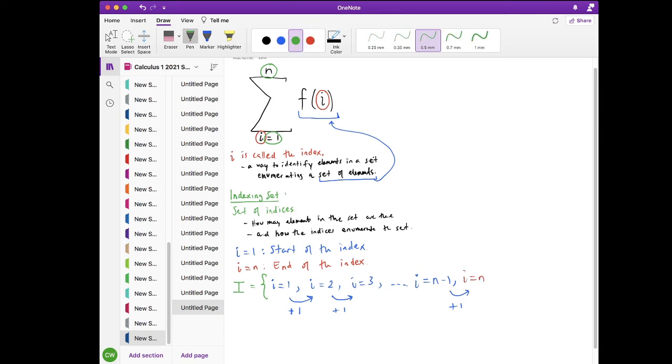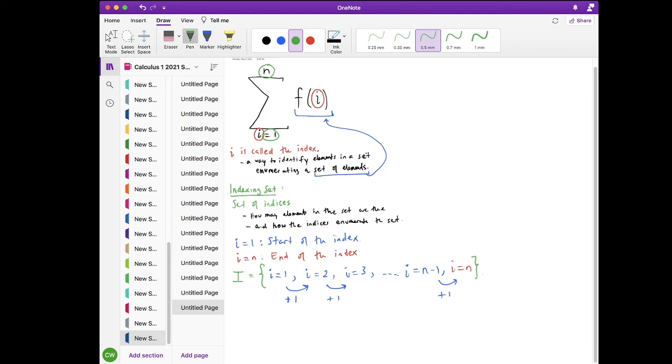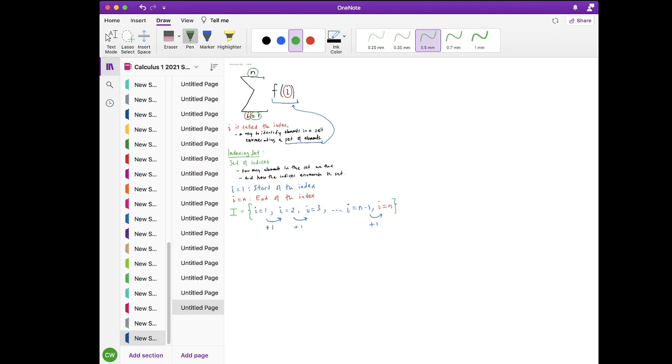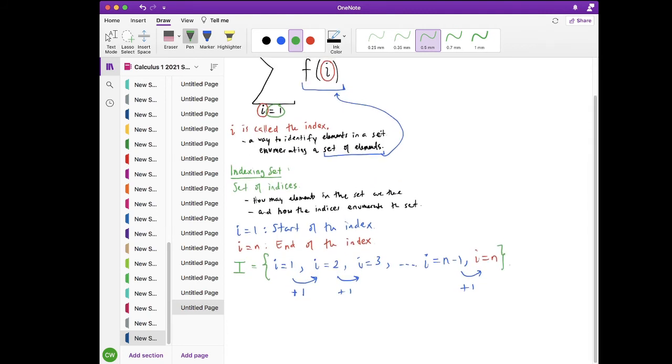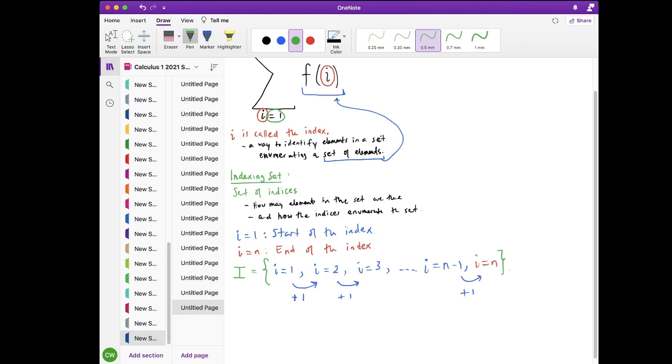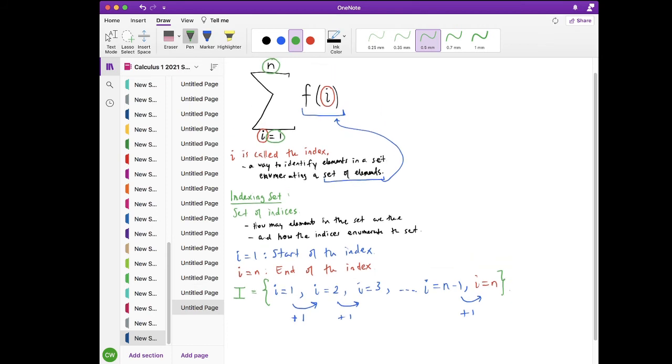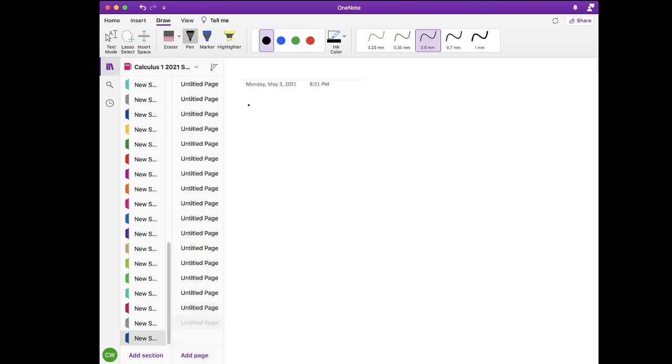Okay, so a lot of sets and stuff. Let's see if we can identify the indexing set for a certain sum. Right now we don't know how the index set is being used, but this is just a definition. Let's do an example. What is the indexing set of this sum?